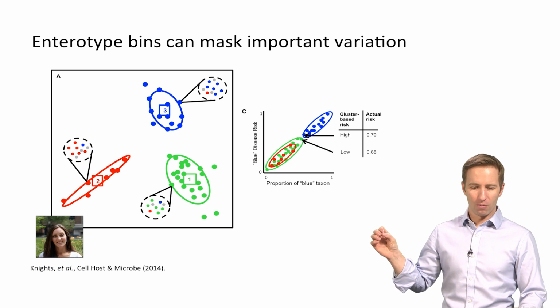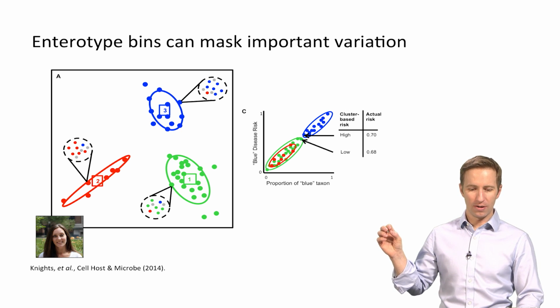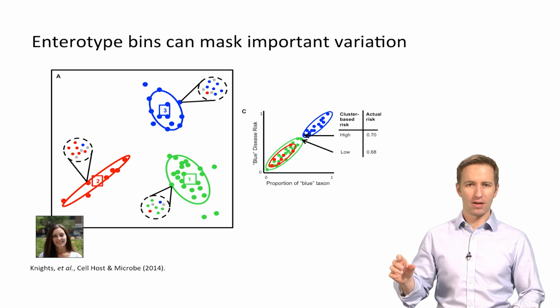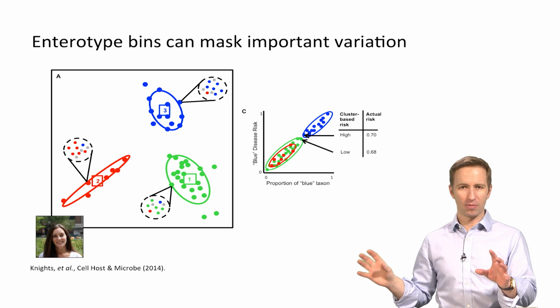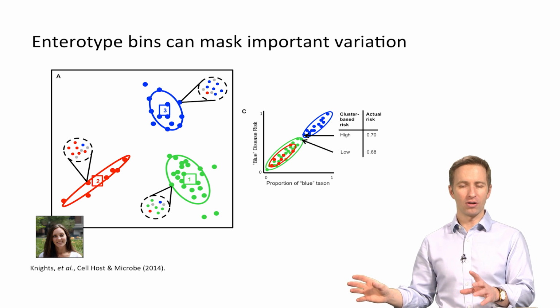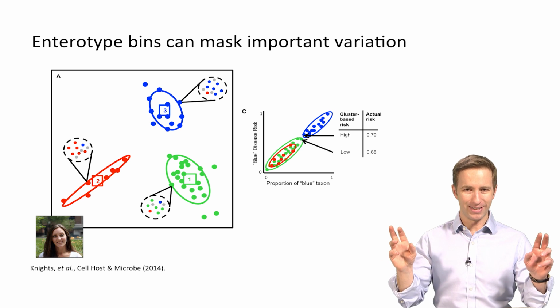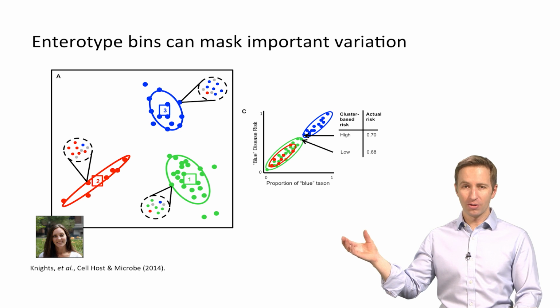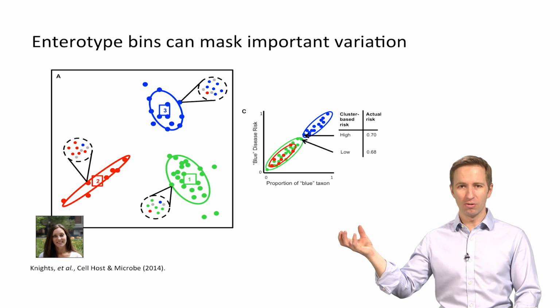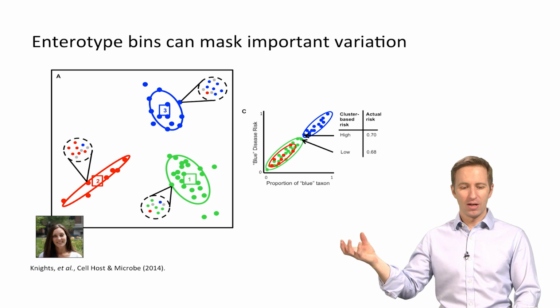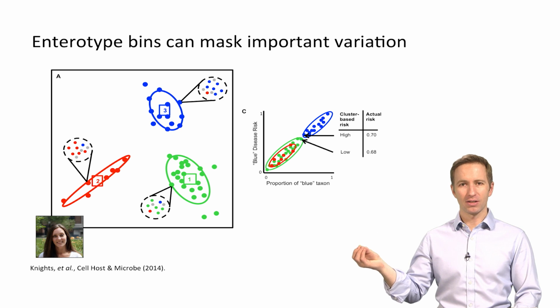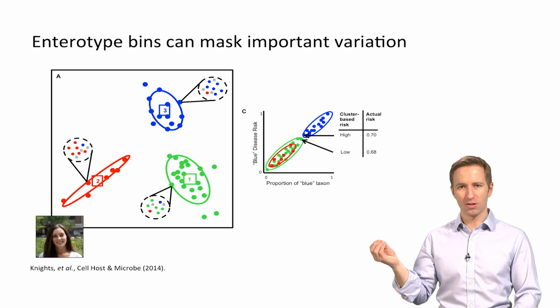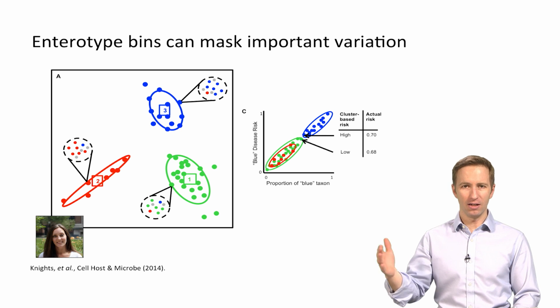And what happens if you first bin your data into these 3 separate clusters, then look for association with blue disease, you'll see that, lo and behold, blue disease is much higher in the blue cluster. Looks great. But you're actually throwing out useful information that could be used to discern between high and low risk individuals.